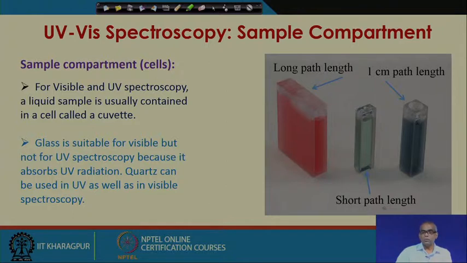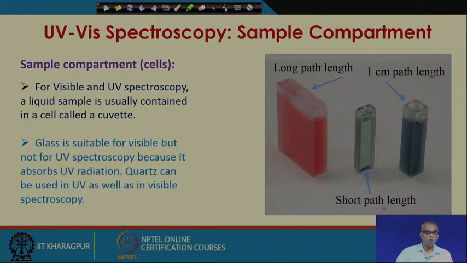Sample compartment or sample container or cells or cuvettes are basically sample holders to perform UV spectroscopy. For visible and UV spectroscopy, a liquid sample is usually contained in a cell called cuvette. They are all synonymous, they are all sample holders.